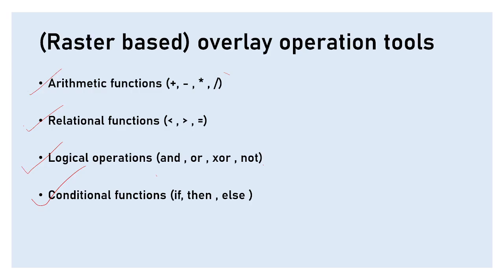Then you have the conditional functions like if, then, and else. These also can be used in combination. Like if you remember from that example, if it is this particular soil type, then consider it as true. If not, then consider it as false, or that kind of condition. So all these functions and operation tools can be used for raster data sets.